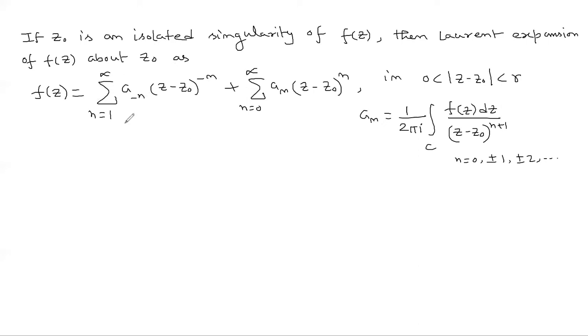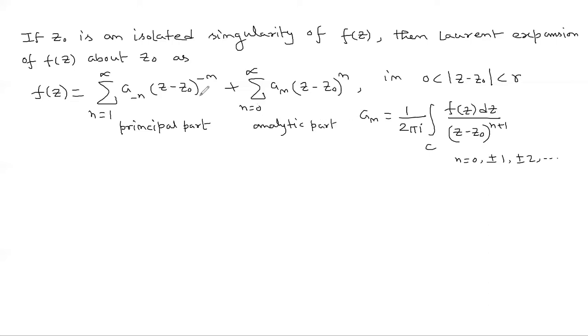Now, the first part in the Laurent series expansion, that means the part containing the negative powers of z minus z0, is called the principal part. So this is the principal part, and the part containing the positive powers of z minus z0 is called the analytic part.